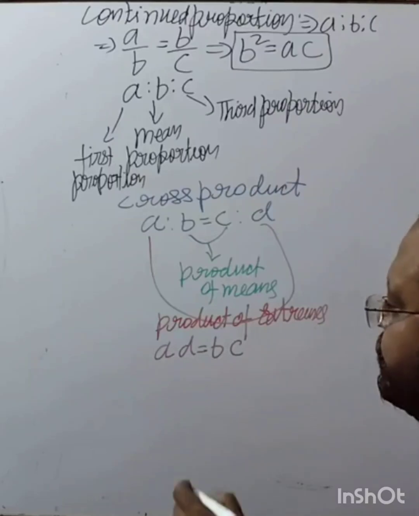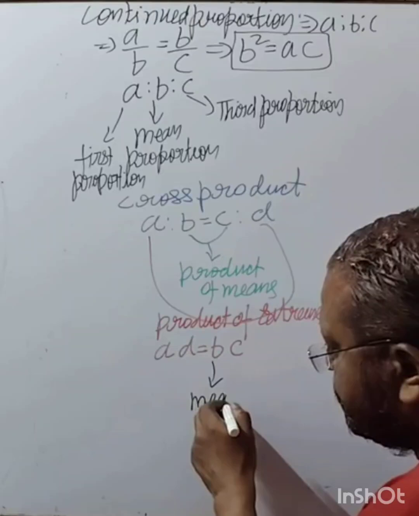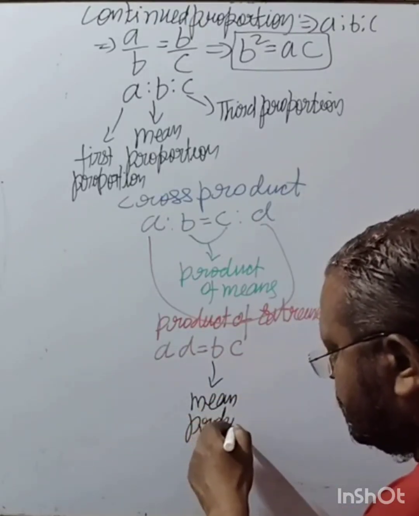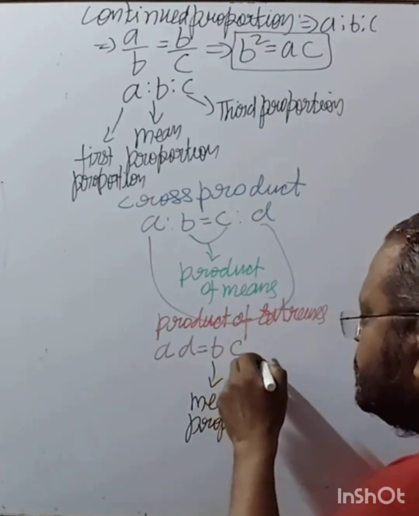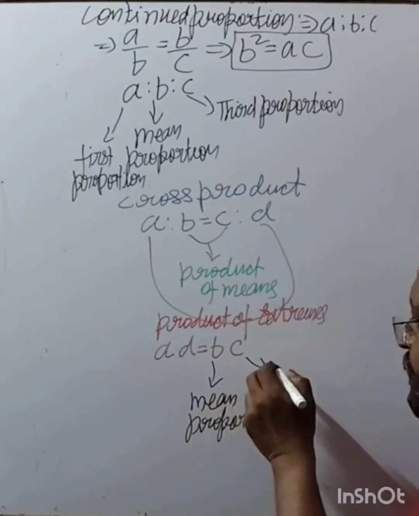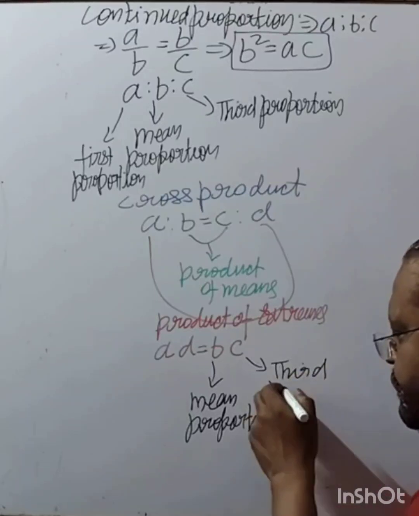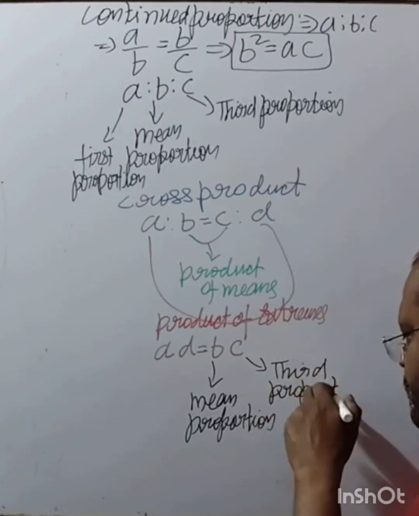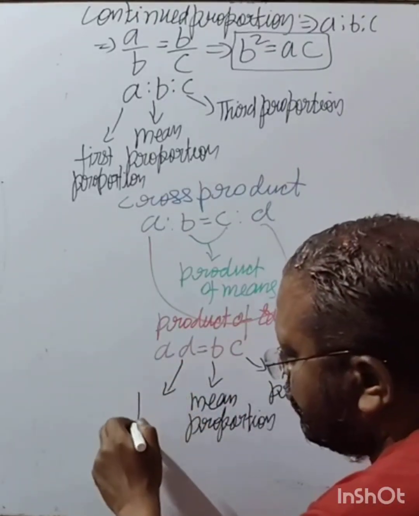Here also, this is mean proportion. This is third proportion. This is fourth proportion.